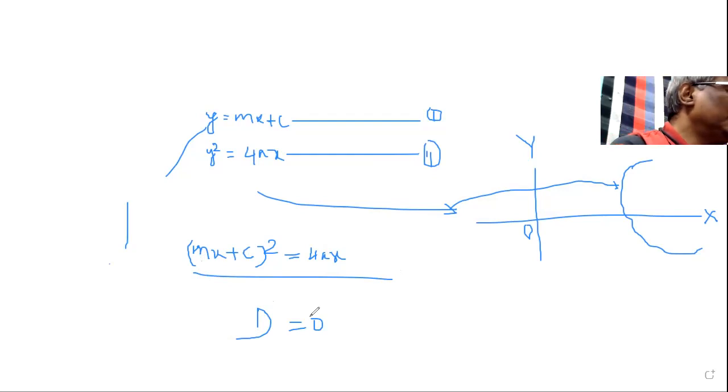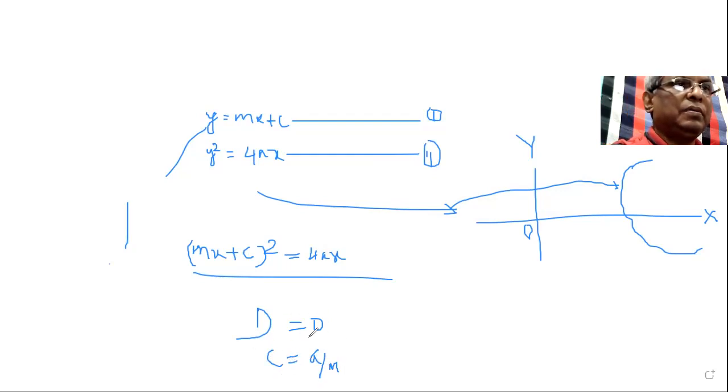C. And the value of C will be, after doing this, a upon m. A upon m.